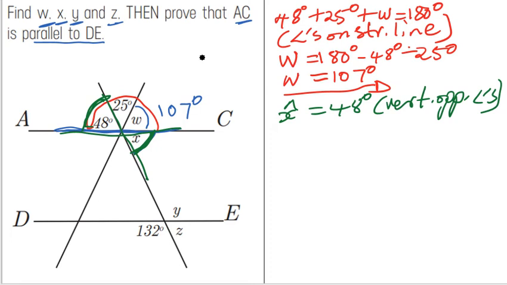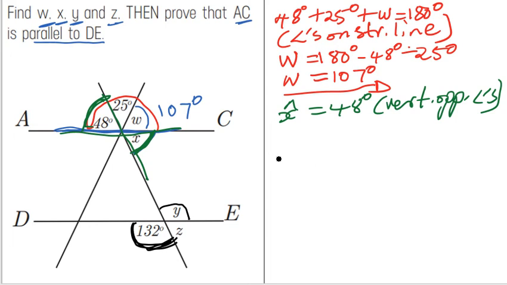Let us find Y. Now we have Y there. If you look at this, Y is also vertical opposite to 132.